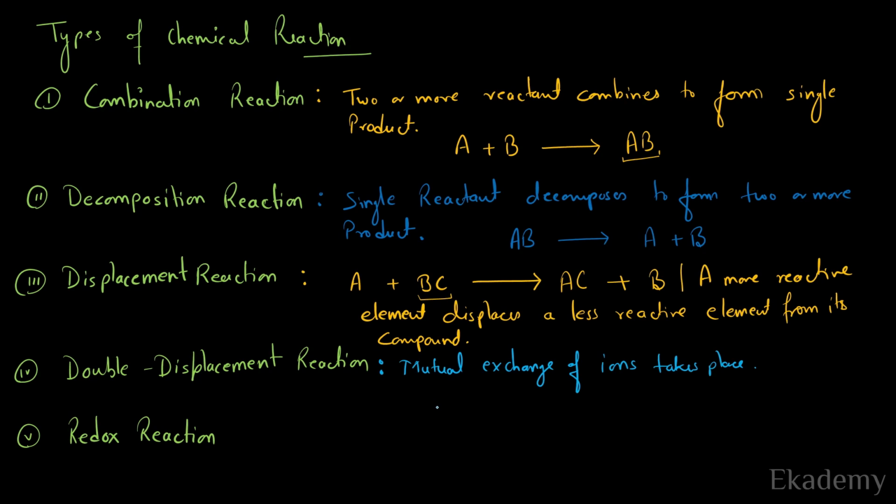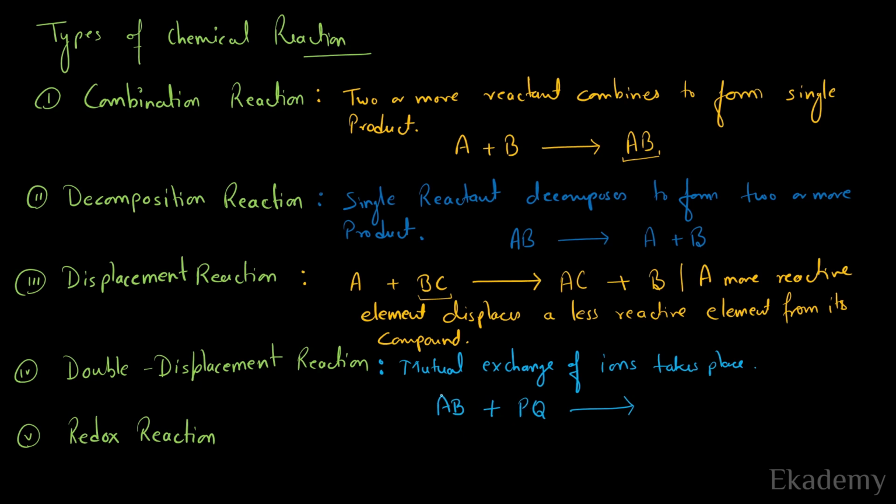So, let us say we have AB is one salt. It is made up of two ions. One will be positive and other will be negative ion. And there is another, let us say, salt or reactant PQ. So they are reacting together, and what happens in double displacement is A displaces P and also P displaces A. So there is exchange of these ions.